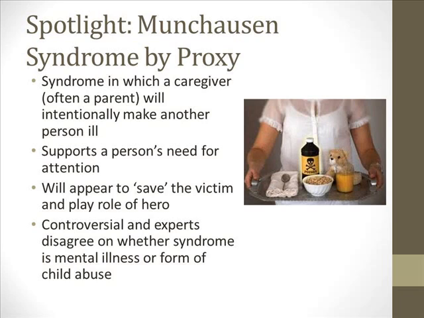So Munchausen syndrome by proxy is a disorder in which a caregiver, so think about a parent, or maybe somebody who's caring for an elderly person or something like that, will intentionally make another person ill. Now, why on earth would you intentionally make another person ill? Well, the disorder in the person that's making the other individual ill is that they need attention.